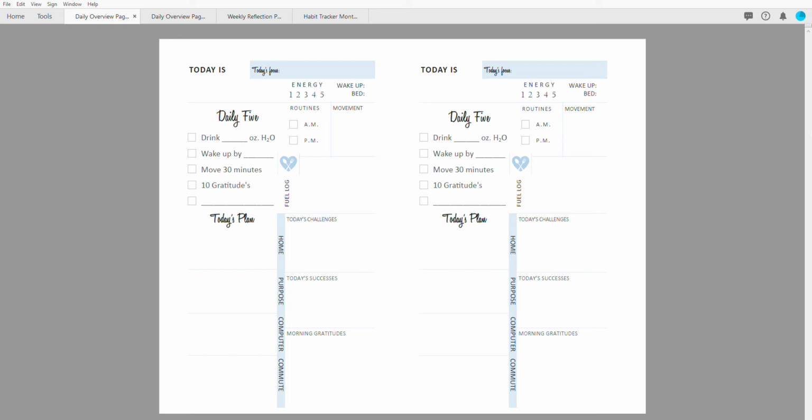So moving down the page, we have our daily 5. These are 5 habits that are already laid out for us that we are working to incorporate in our life. And why do we decide to incorporate these 4 prescribed, and one is up to you as the individual to determine what that one is going to be?